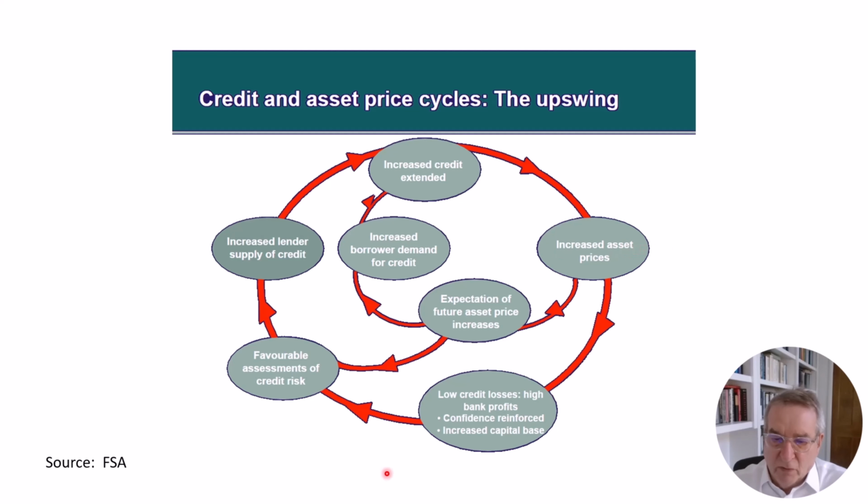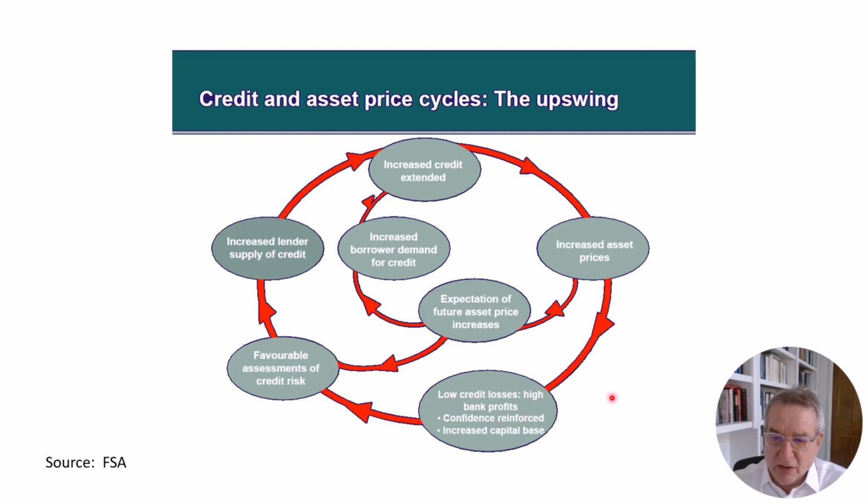Now, if we move around the outer loop here, we can consider this as the supply of credit into the financial system by the banks primarily. So this period with increasing asset prices would be very favorable for the banking industry. Very few credit losses. People aren't unable to pay their loans.